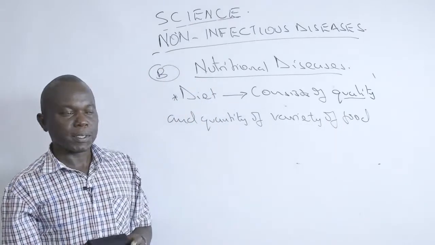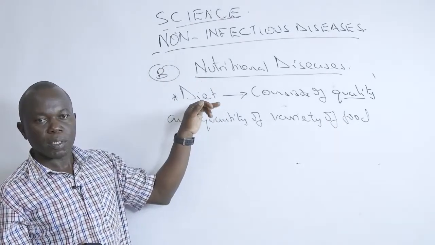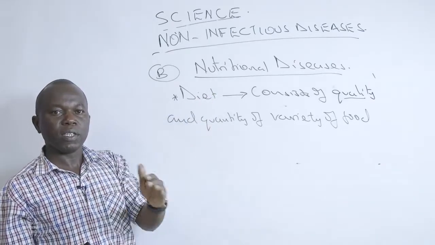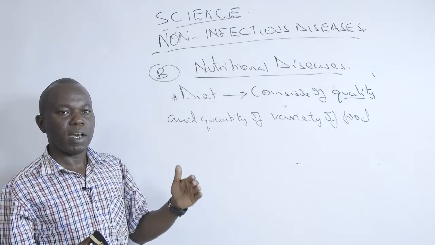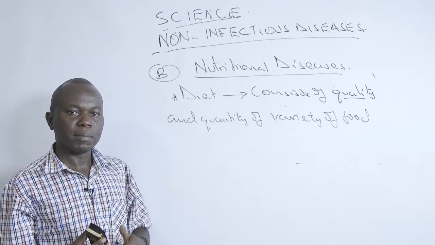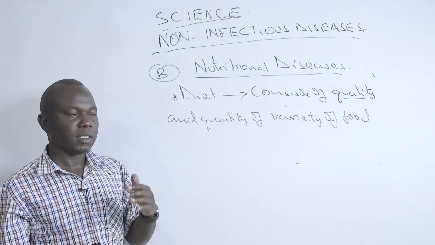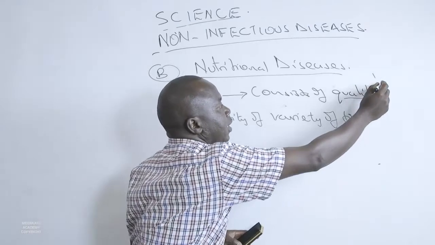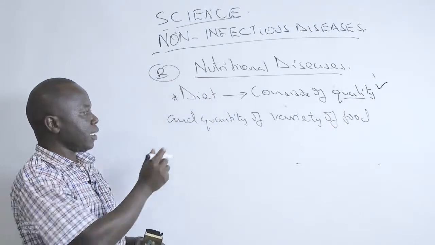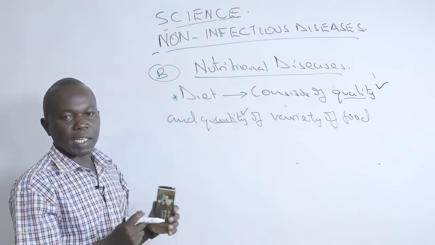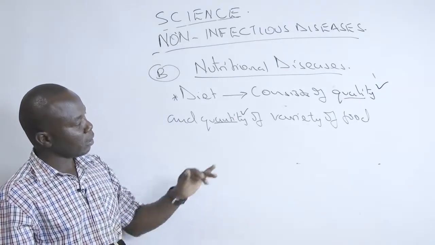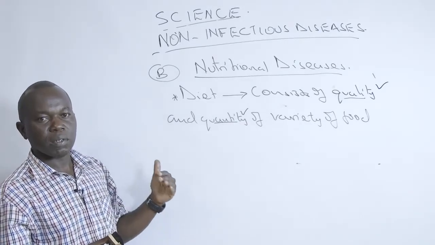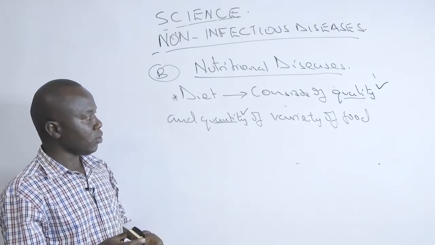So when you talk of quality, it comes to the balanced diet. So diet is supposed to be balanced such that it has all the components, such that it will have carbohydrates, lipids, proteins, vitamins, water, and fibers. We shall say that that is quality. But at the same time, it's supposed to be just enough, not too little, not too much. Quantity. You cannot take too much or too little. Too little can lead to malnutrition.